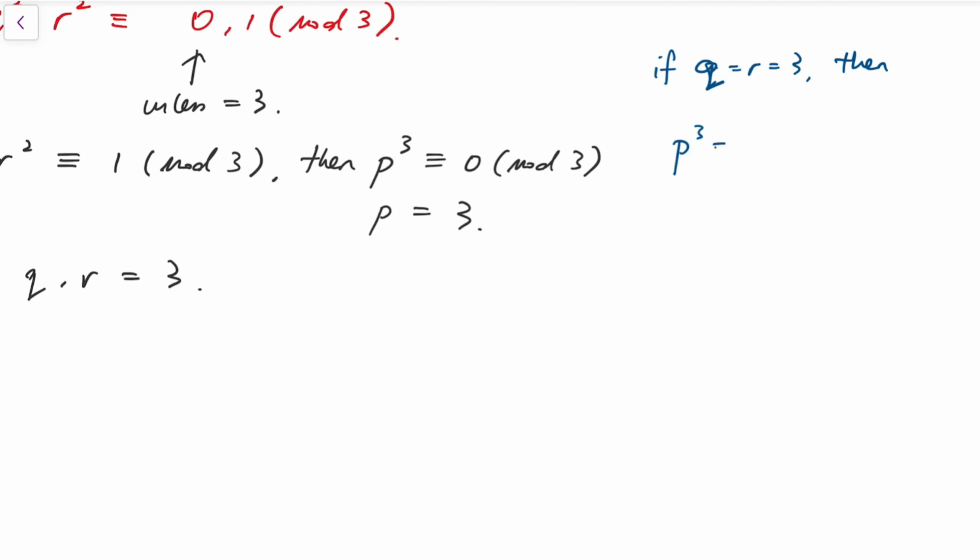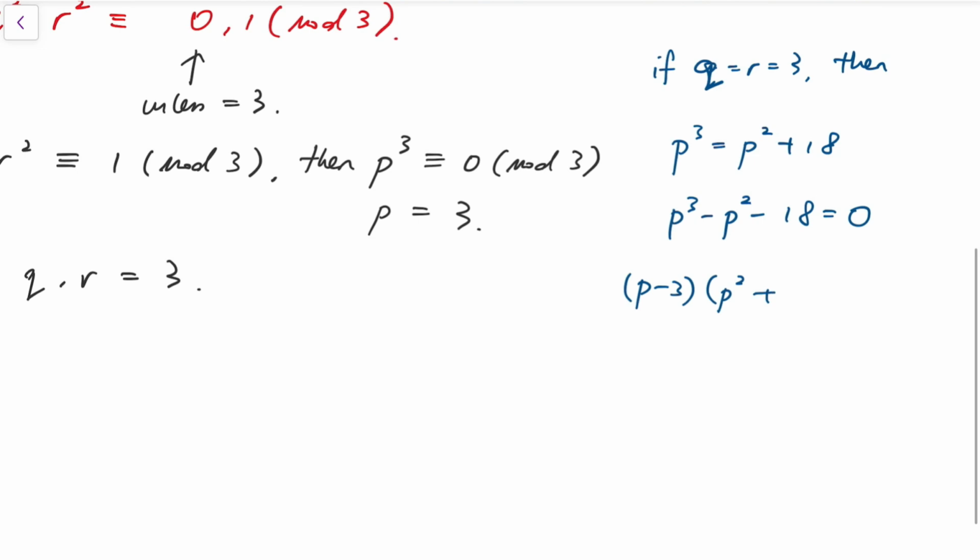Then that means p cubed equals p squared plus 18 with a cubic to solve. And factorizing, we will have something like this. Sorry, it should be plus 2p, but it's the same because for this part, there's no real solution. So p can only be equal to 3.